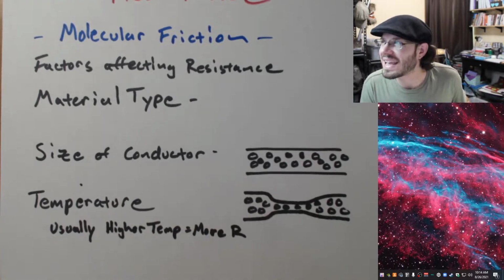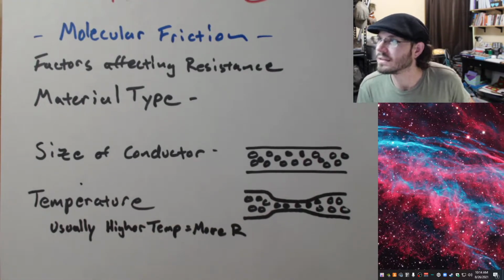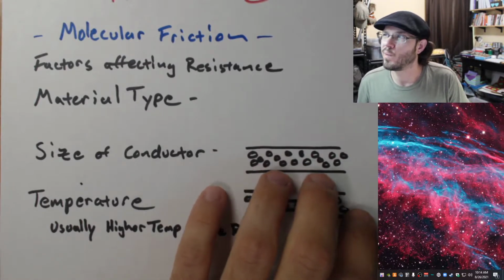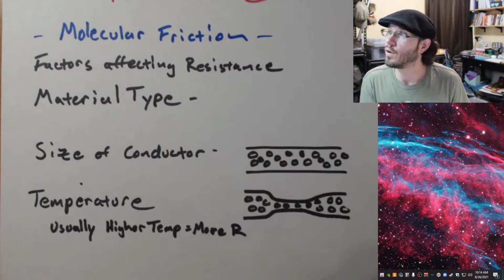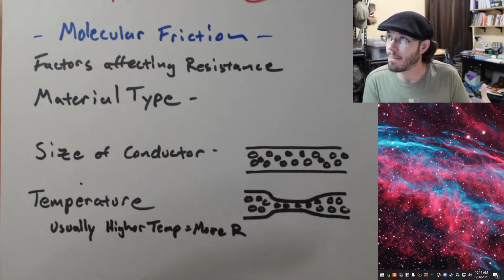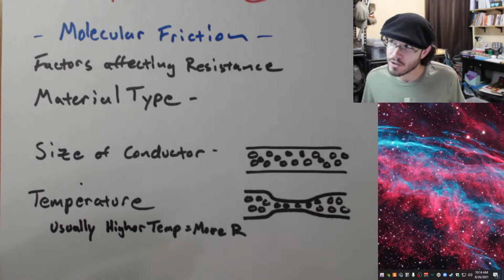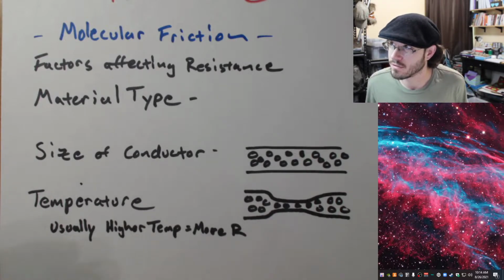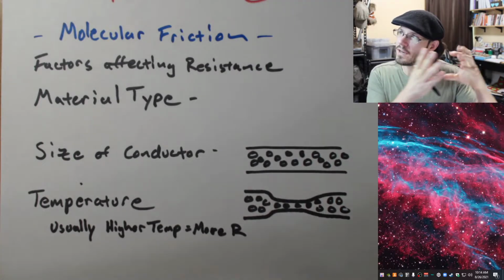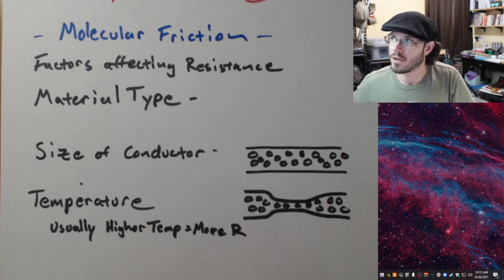Okay, now why is that? Well, think about it this way. If you have some material with a bunch of electrons floating inside and they are just sitting there at a very happy, chilled temperature, it's very easy to cause them to move within the material.